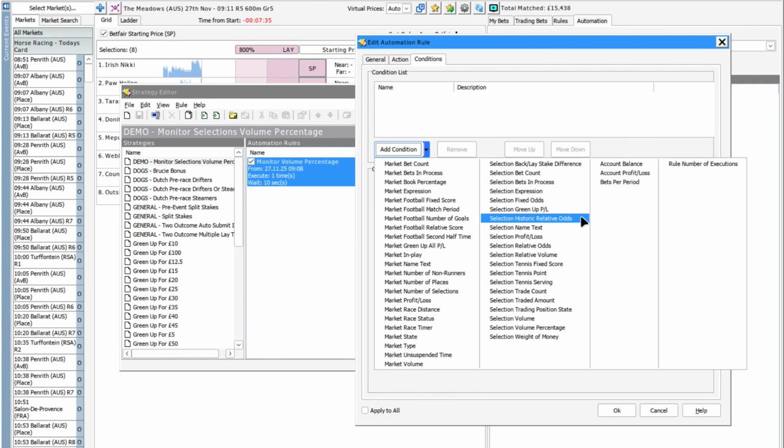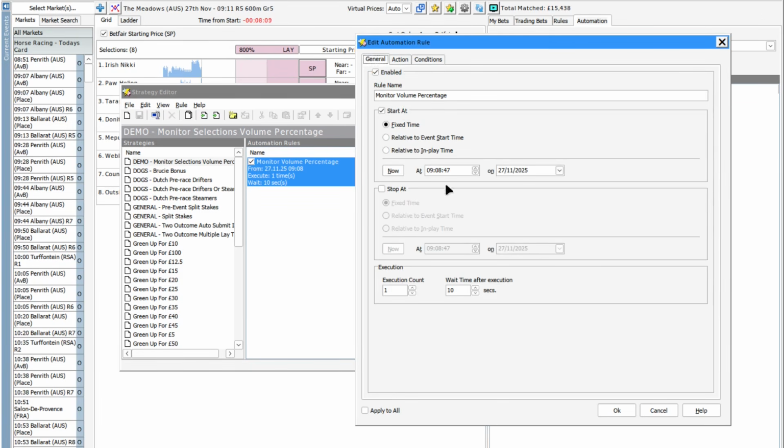There isn't a corresponding historic condition that allows you to compare a selection's volume percentage, although as you can see here, the volume percentage of a selection is available and automatically calculates a selection's volume percentage as a share of the overall market volume. So we're going to use that to provide something different, and this is really if you are manually trading.